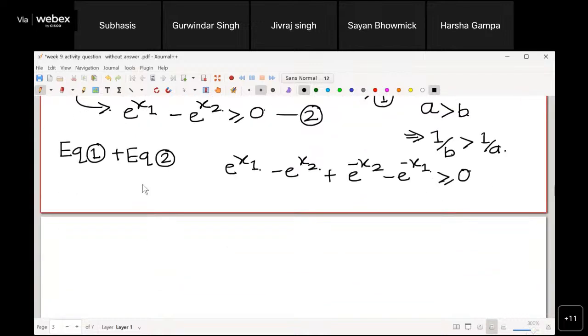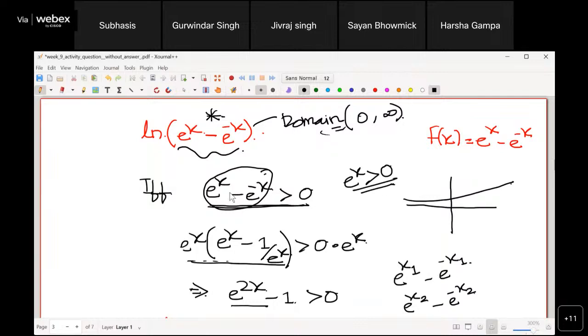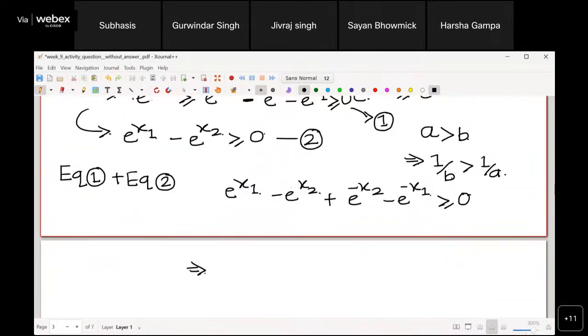Now it's a bit obvious. Basically, we want to bring x1 on one side and x2 on the other side. So we bring the second and third terms to the right-hand side. We bring this term and this term together, and this term and this term together.